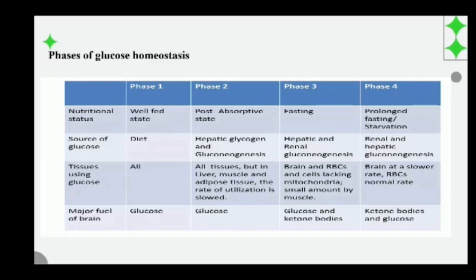In phase 4, during the starvation, brain at a slower rate and RBC at a normal rate utilize glucose for energy production. Major fuel for the brain in different states is glucose. In all the four phases, brain is supplied with glucose, and in phase 3 and phase 4, in addition to glucose, the body also supplies ketone bodies for energy production in the brain.